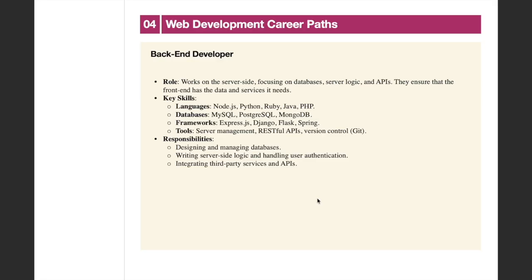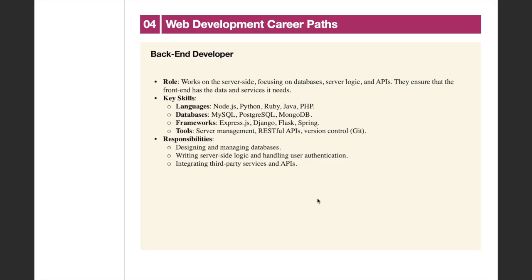Here in this development, you will work with languages like Node.js, Python, or Java, and manage databases like MySQL or MongoDB. Your job is designing these databases, writing server-side logic, handling user authentication like logging in securely, and integrating third-party APIs. You are the brain behind that front-end face.